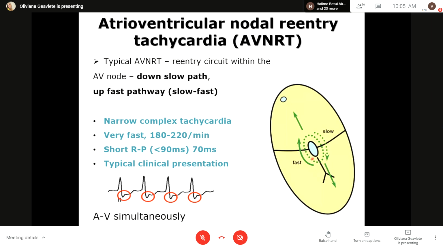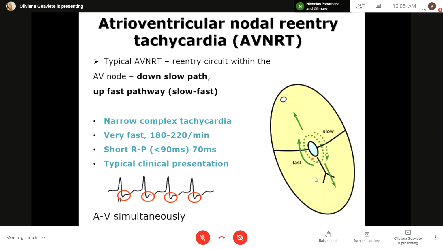In the typical AVNRT, we have a reentry circuit in the AV node, which goes down the slow pathway from the atria to the ventricles, and then up to the fast pathway, and thus the retrograde atrial activation. As a result, you get a narrow QRS tachycardia.